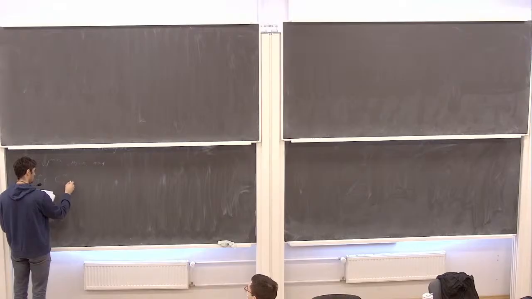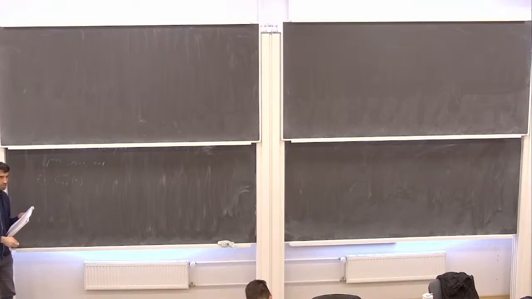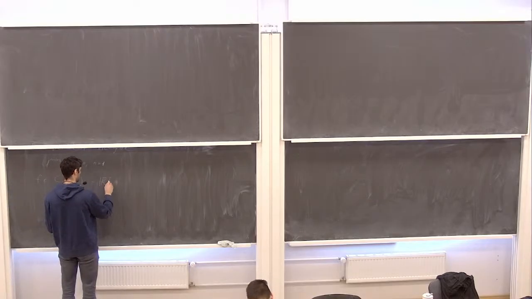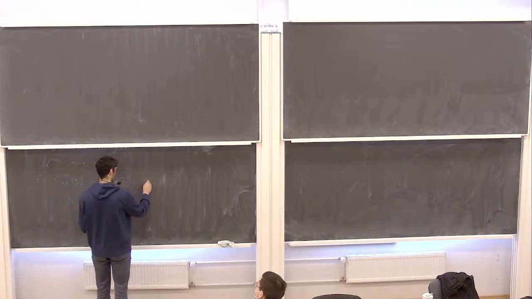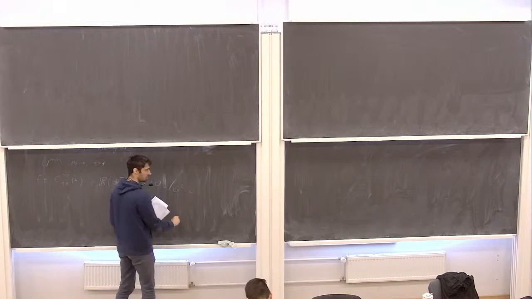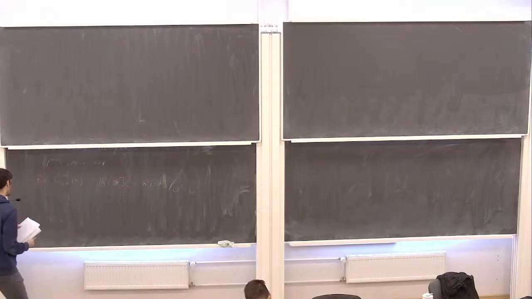Well, 0 means it's just over a point, so basically this is just R[theta], such that theta squared is 0.